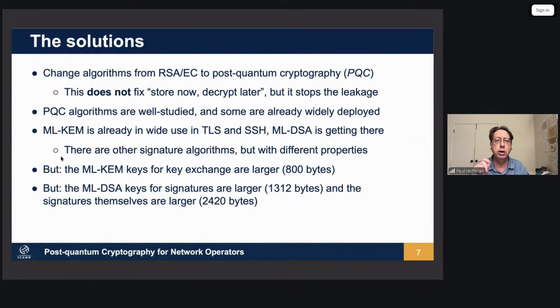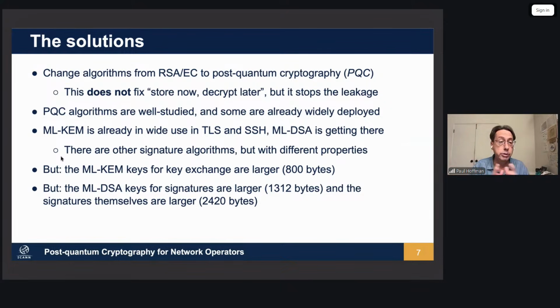Note that changing this does not fix store now, decrypt later, because anything secret that has gone by using the old algorithms, using RSA, using elliptic curve like we've been doing for the last 30 years, is still decryptable later. But as soon as we switch algorithms into PQC algorithms, then the leakage stops.